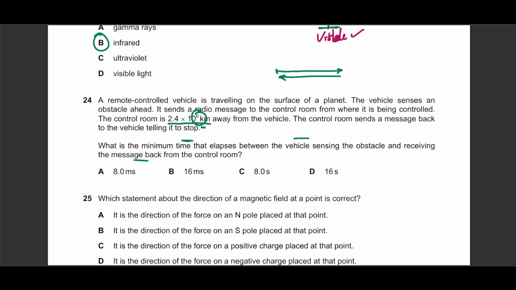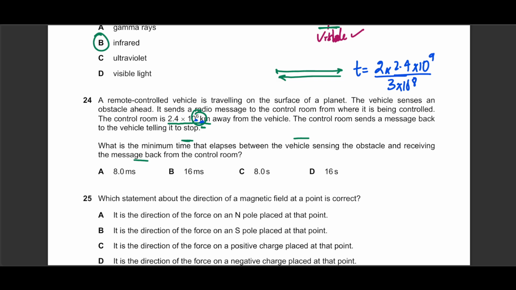So if you're trying to find out time, this will be speed equals distance over time, rearranging the equation. This comes out as 2 times distance, multiplied by 2.4 into 10 raised to the power 6. Since this is kilo, this will become 10 raised to the power 9, as 6 plus 3, whole divided by the speed of light, which is 3 into 10 raised to the power 8.